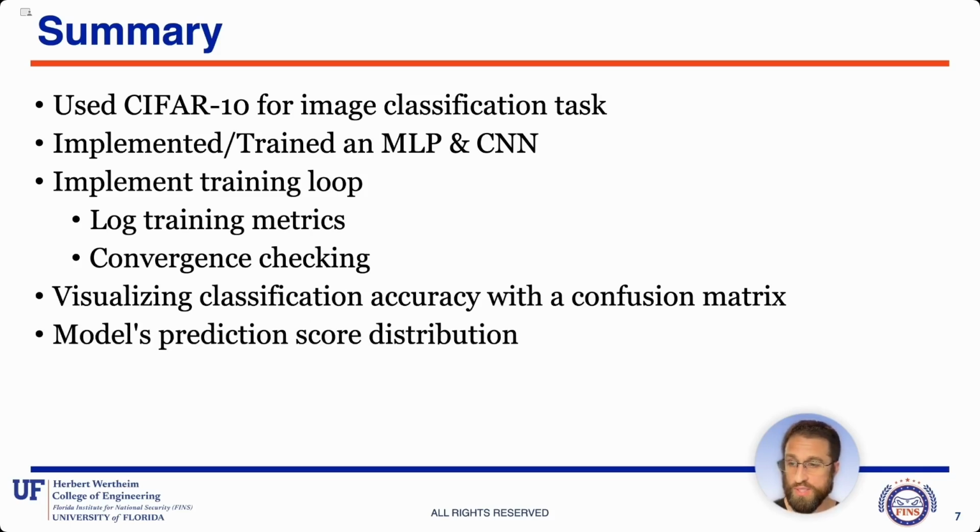We also looked at the model's prediction score distribution to see how confident our model is in those predictions for each of our classes. And we can use the combination of these two things as a really good starting point to do analysis of our data set and our model's hyperparameters.